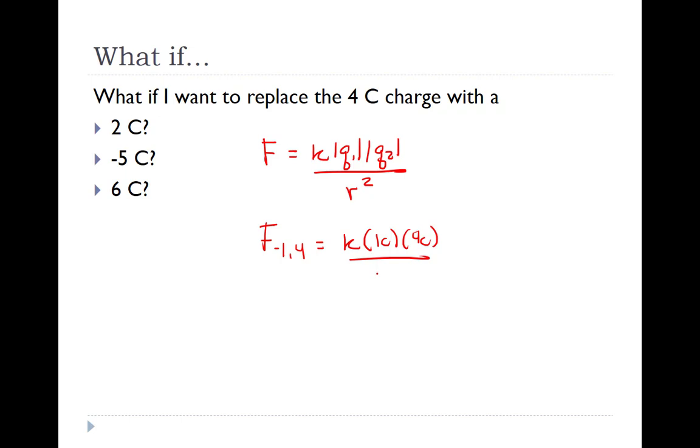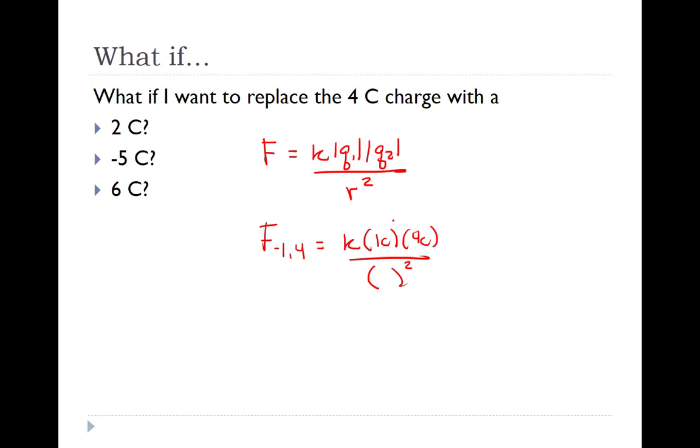I don't remember what it was, so I'm just going to put parentheses and a square and say I know there's a number there. And if I look at the other Coulomb's law applications we did for the last example, all of them were multiplied by 4 coulombs.